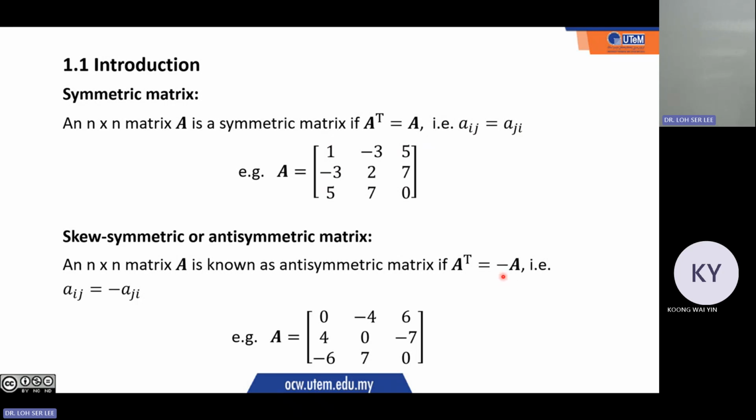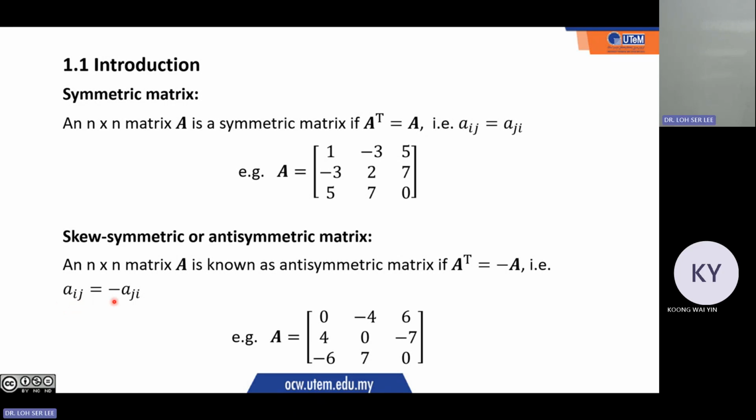What this means is the magnitude is the same, but one of them is negative: 6, -6. 7, -7. One of them will be negative. So this is anti-symmetric, and it must satisfy this.